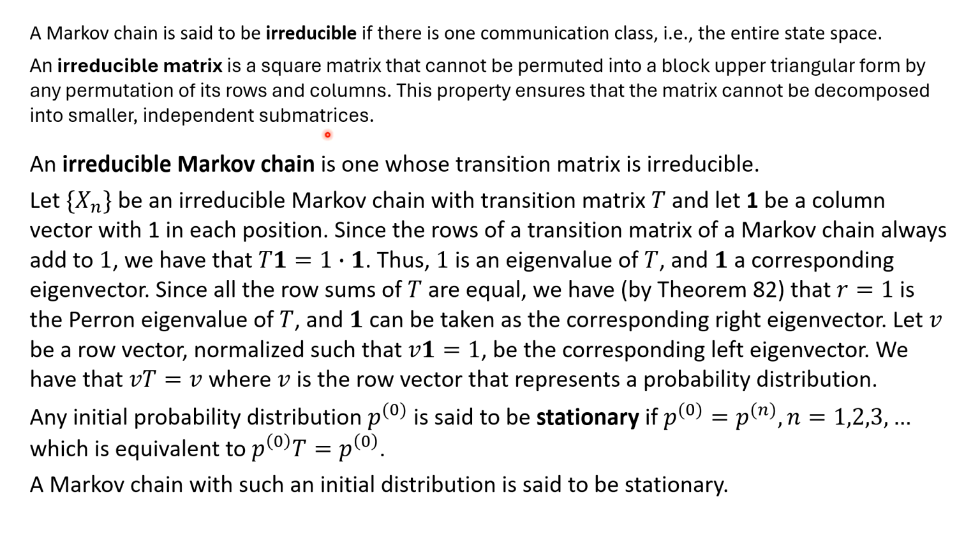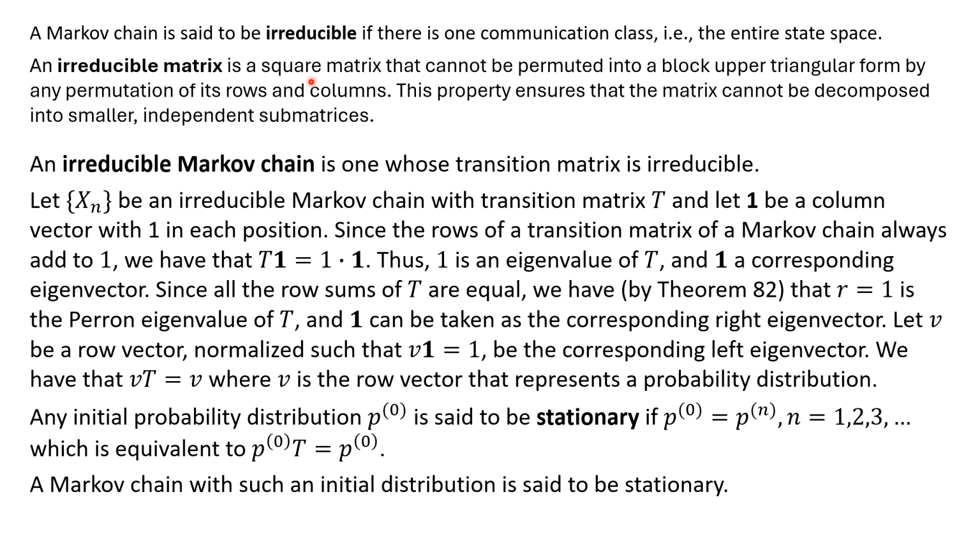So if you can decompose a matrix into submatrices, then what you end up having are states that can communicate amongst themselves within a smaller communication class, but they can't communicate to states or transition into states that are in other communication classes.